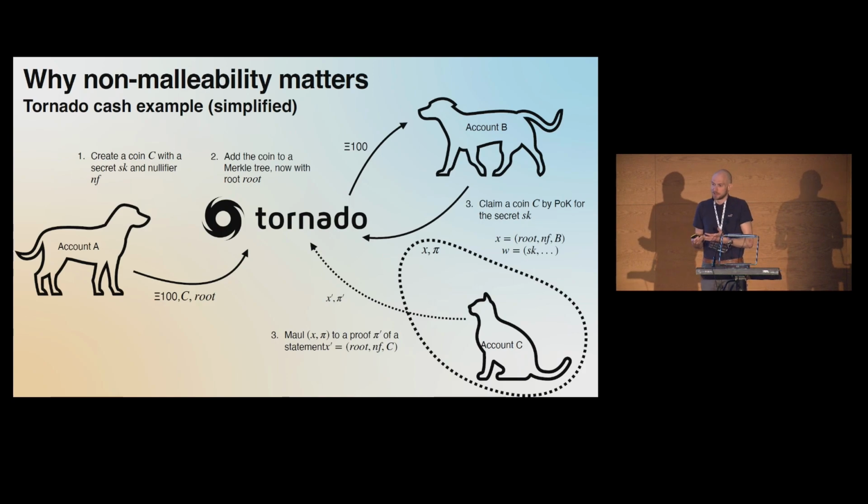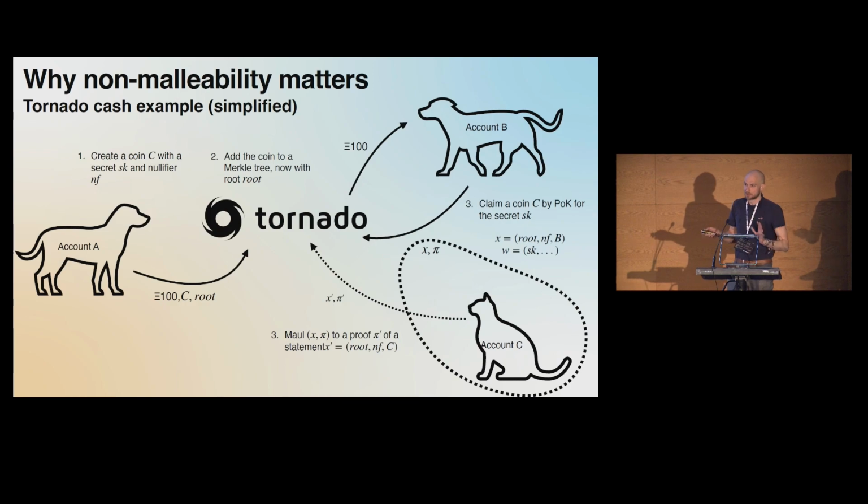Why non-malleability matters? Let me give an example of Tornado Cash. It's a very simplified variant of Tornado Cash, but I think it illustrates the problem. So we have a party with some account A that wants to deposit 100 Ether into Tornado Cash.